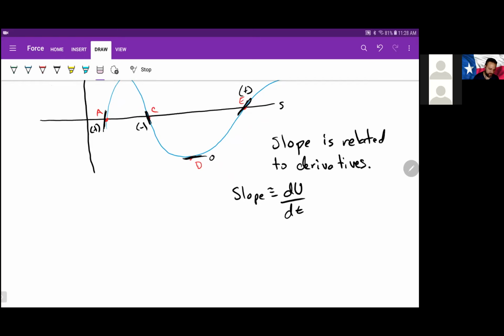So we have mg dy with respect to y, and that just goes to 1. So F is equal to negative mg. That's our weight. So that's one force.